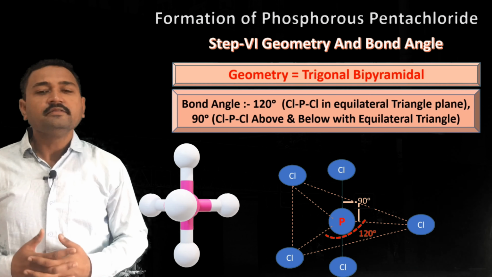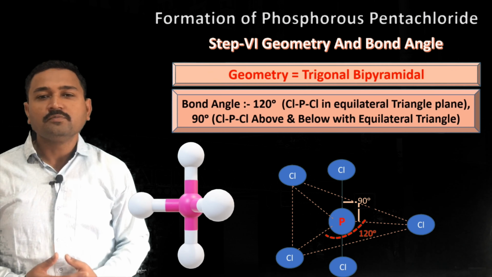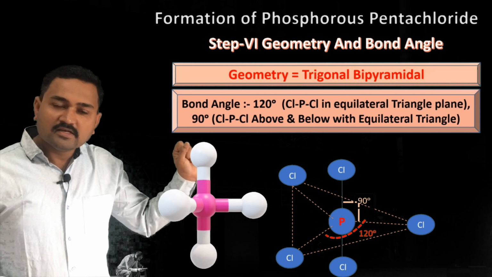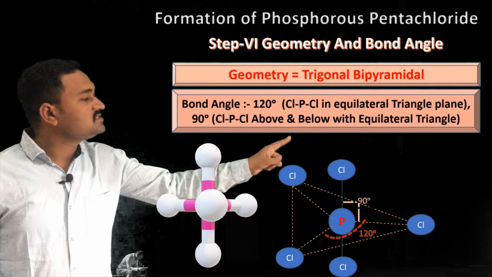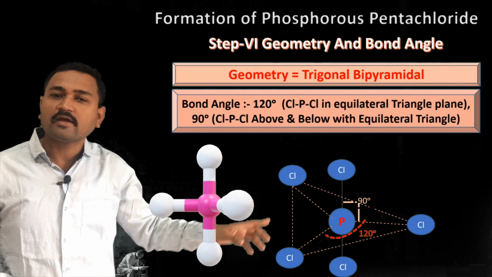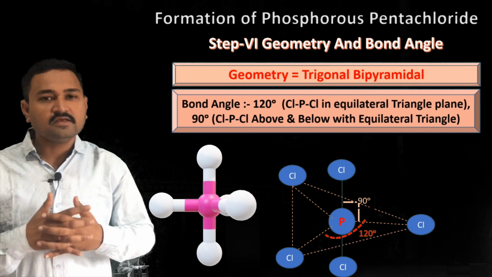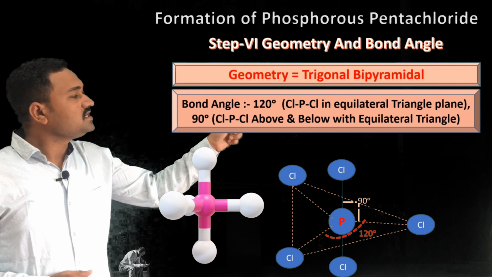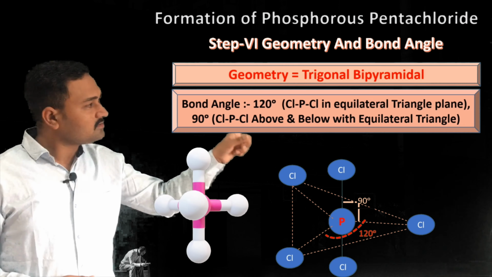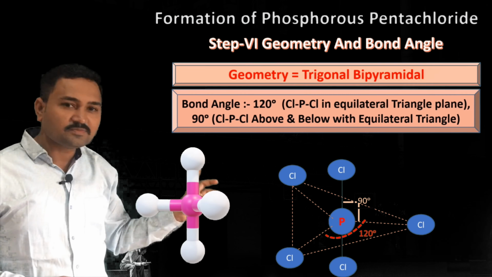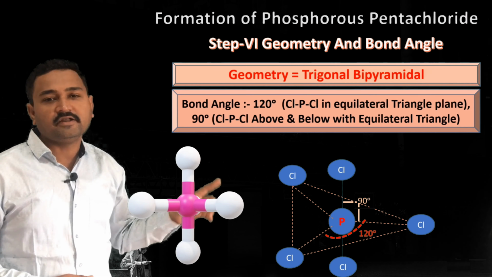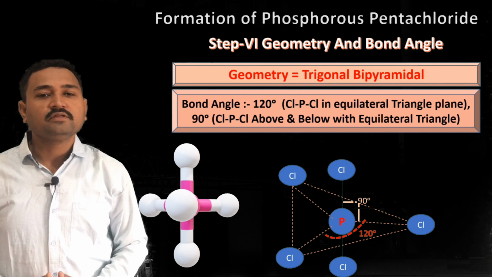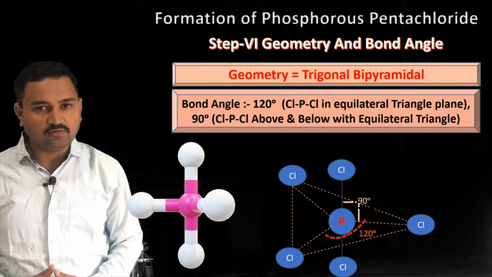The bond angles in the PCl5 molecule are found to be 120 degrees and 90 degrees. The Cl-P-Cl bond angle in one plane is 120 degrees, while the Cl-P-Cl bond angle involving the chlorine above or below this plane is 90 degrees. So this is about the geometry and the bond angle formed during the formation of the PCl5 molecule.